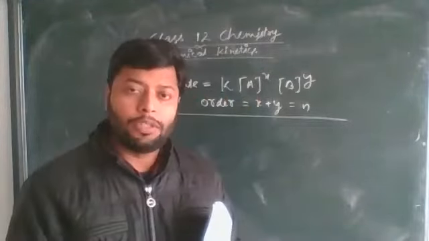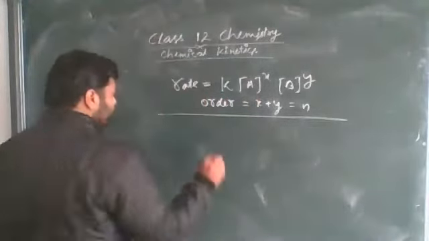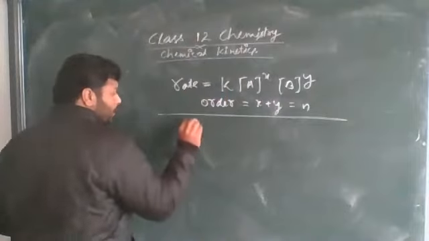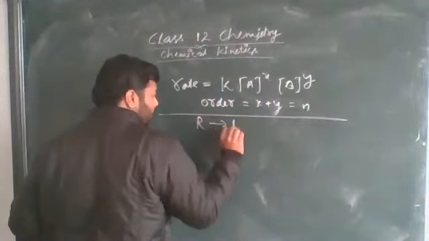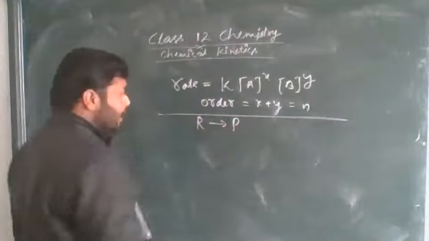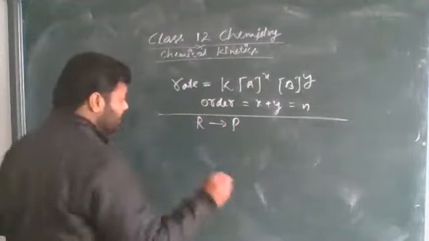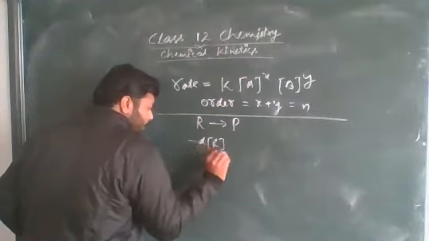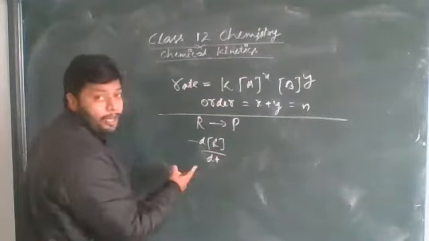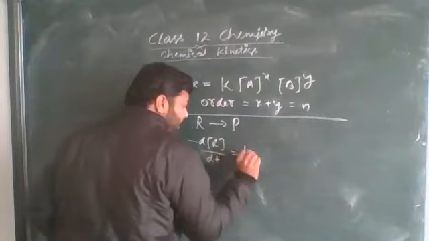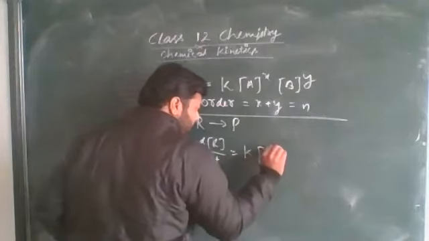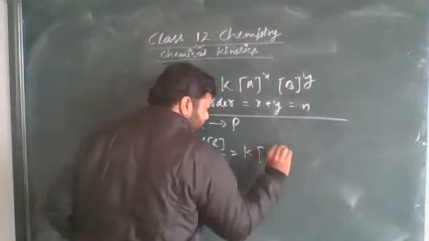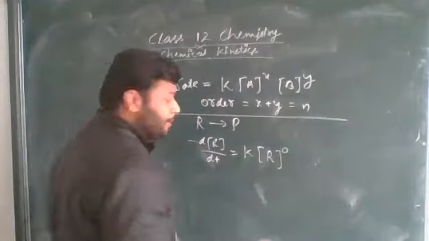Okay, so for any given reaction, look at the possibility. If the reactants change into product and the rate, minus dR by dt, is equal to k, this is called zero order of reaction.